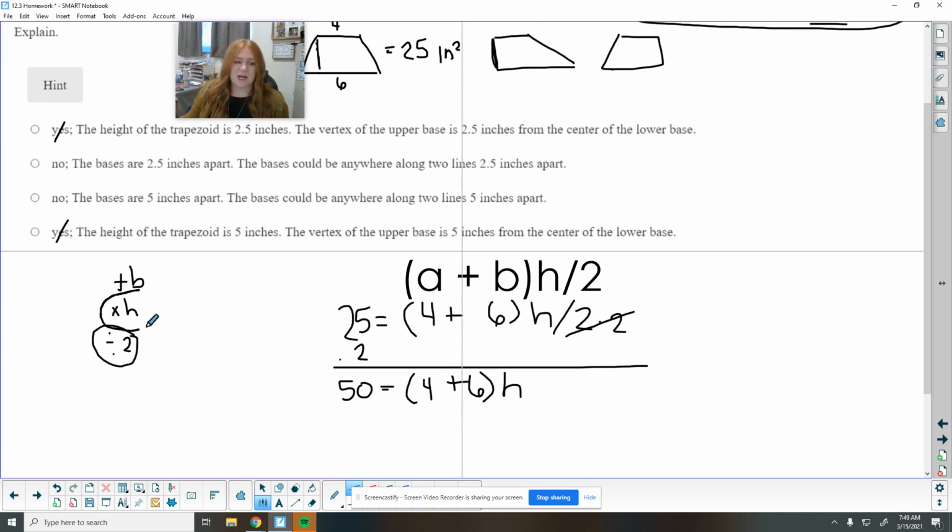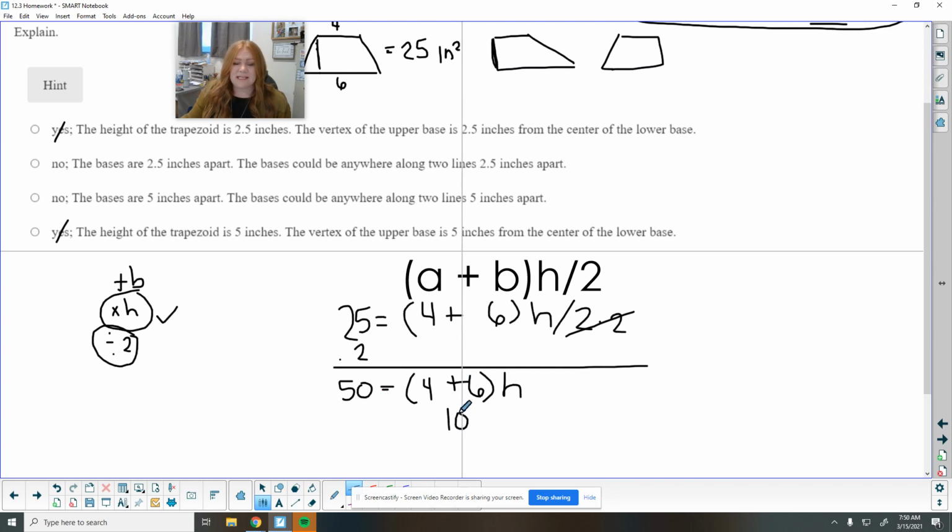So this is what we're trying to get by itself. We don't want to move that to the other side, otherwise we just have to move the 50. So let's just keep it right here. We need to get the 4 and the 6 to the other side. We could move the 4 and then the 6, or we can put them together and move it one time.